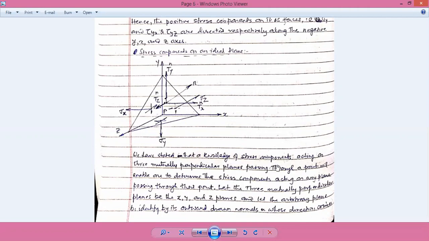If we know the stress components on three mutually perpendicular planes like this one, this one, and this one, passing through a point, then we can determine the stress components acting on any plane passing through that point itself.